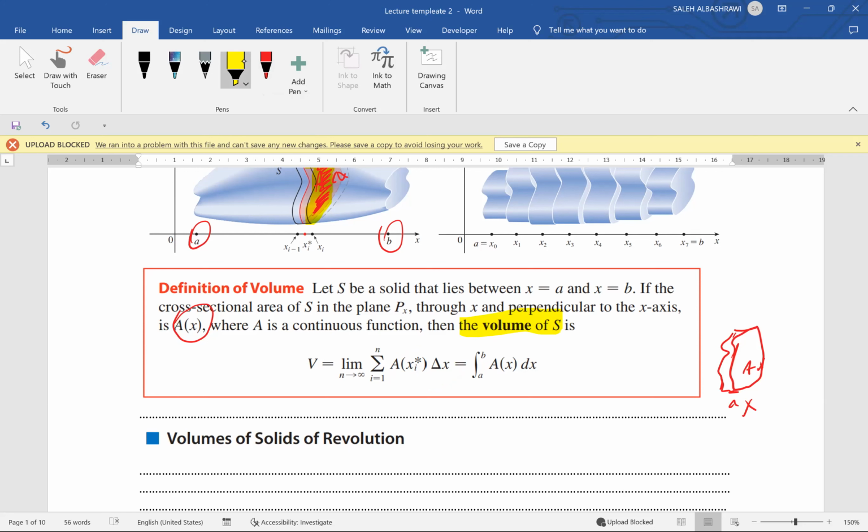This can be written as the integral from A to B of the cross-sectional area A(x) multiplied by dx. So the volume is just the integration of the cross-sectional area A(x) from A to B. Let's have some examples to explain this concept.